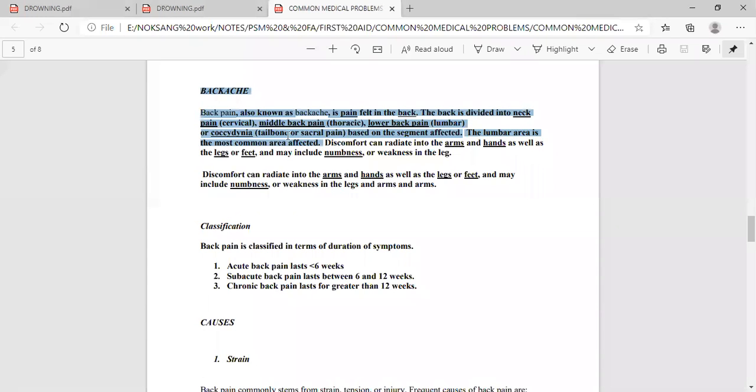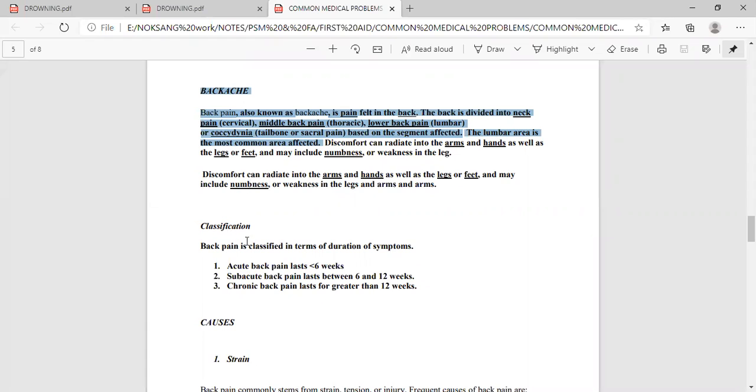The lumbar area is the most common area affected, the lumbar back pain, and it is the main place where mostly people get affected. So back pain, also known as backache, is divided into three parts: cervical, thoracic, and coccyx. These three you write down.